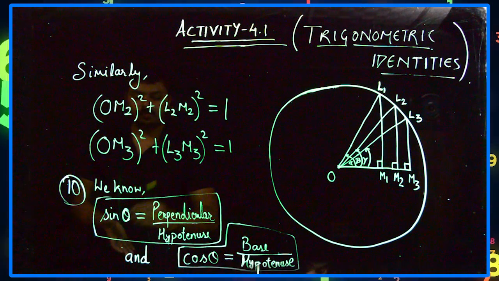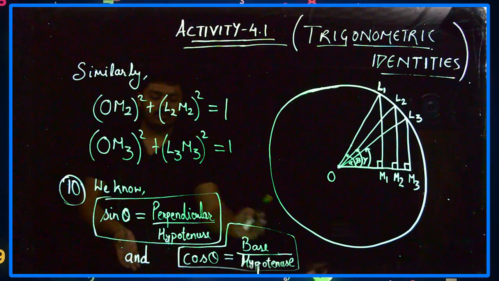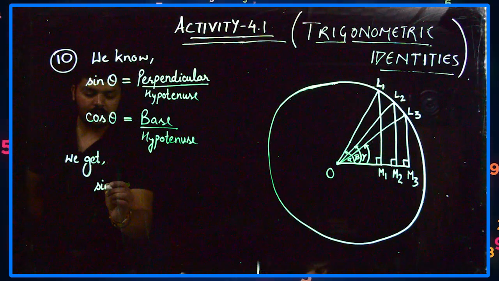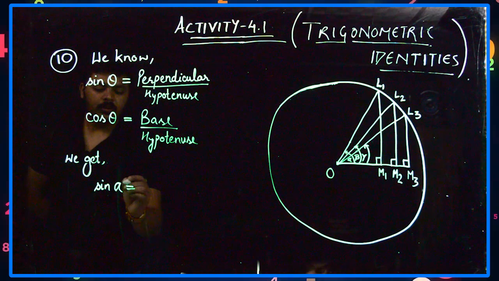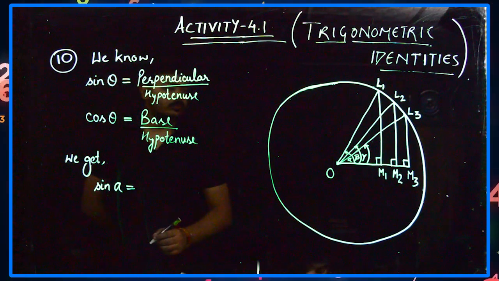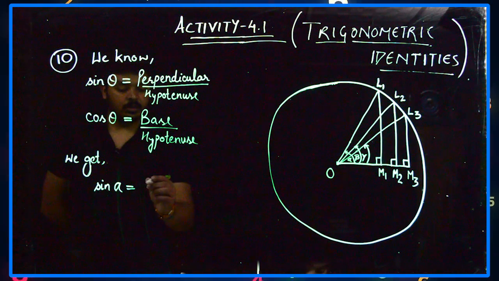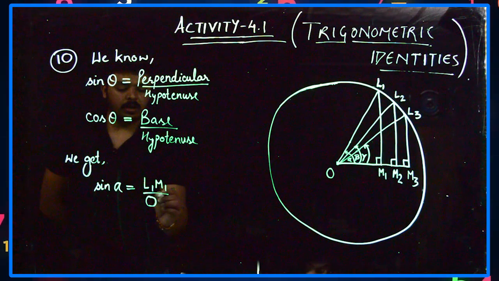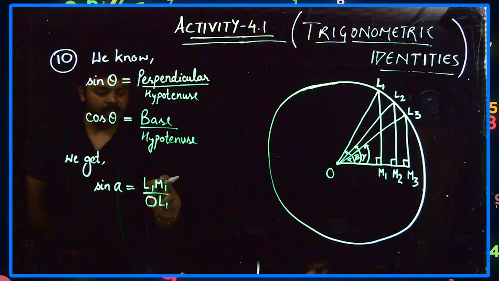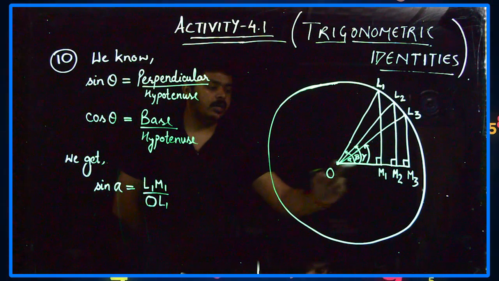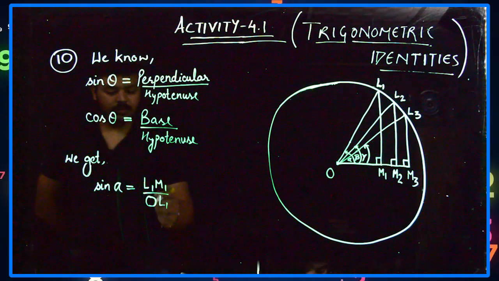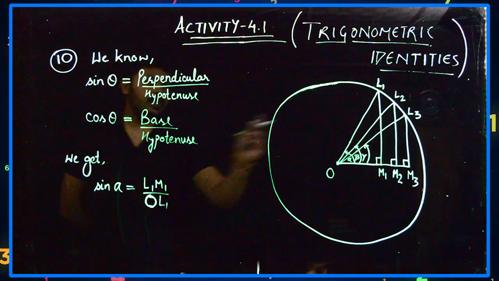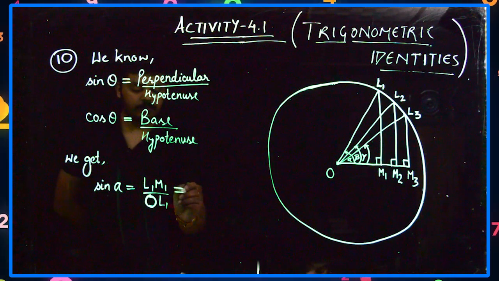Based upon these, we get sin alpha is equal to L1 M1 upon OL1, that is perpendicular L1 M1 and hypotenuse OL1, and we know OL1 is the radius which is equal to 1 unit.